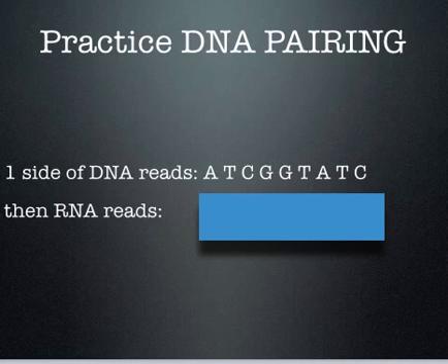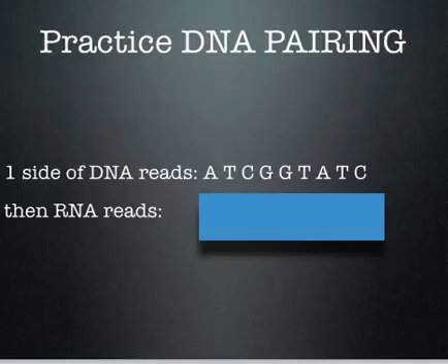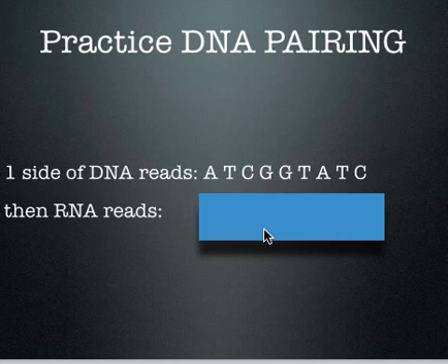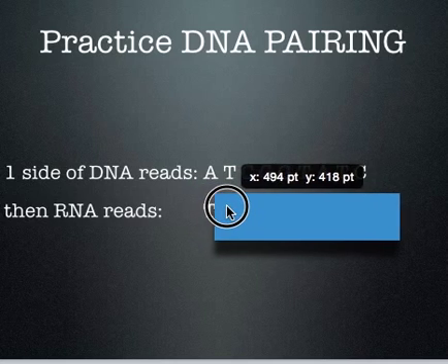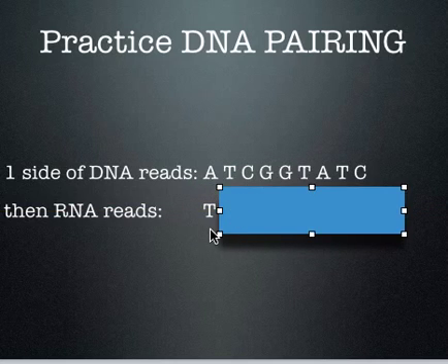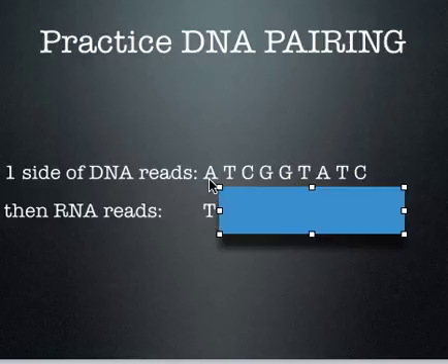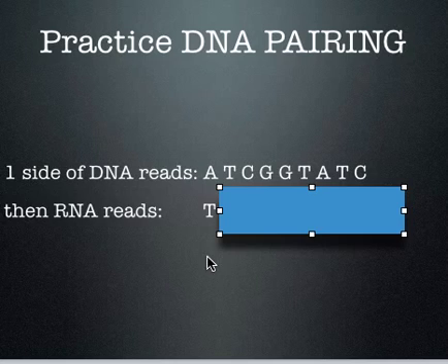So let's practice. Down at the very bottom of your notes, you have 2 things. This is the first one. If one side of DNA reads ATC, GGT, ATC, what will the other side read? Well, what letter bonds with A? Okay, if you thought T, you would be correct. So in the blank line, right underneath the A, you should draw a T because A and T always bond together. What's the second letter?